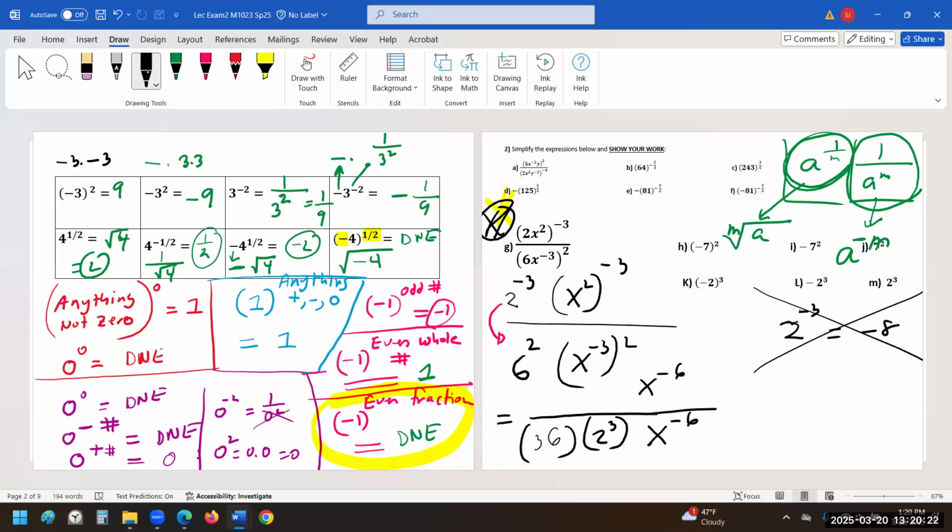Now, yes, you can convert them into positive, but here you don't have to, because look, you have the exact same things on the numerator and denominator. So you can simply cancel them. You don't have to convert them into positive because they're the same thing. If one of them was 5, one of them was 6, then we couldn't do that. We have to move them around to make them positive. But when you have the same thing, just cancel them, no problem.